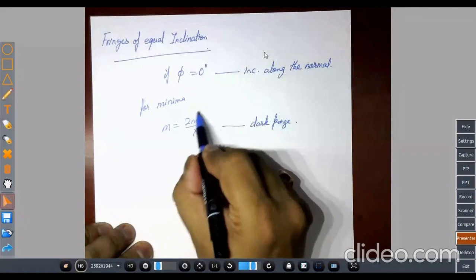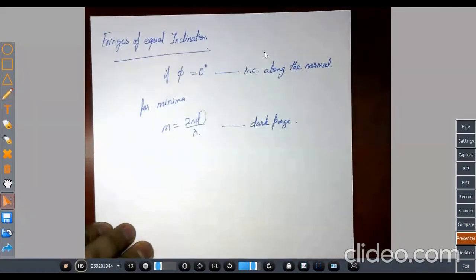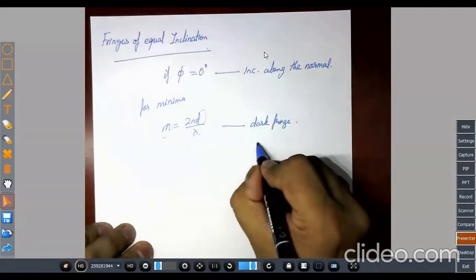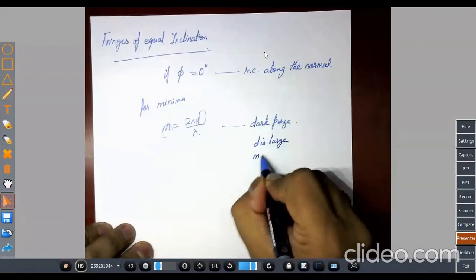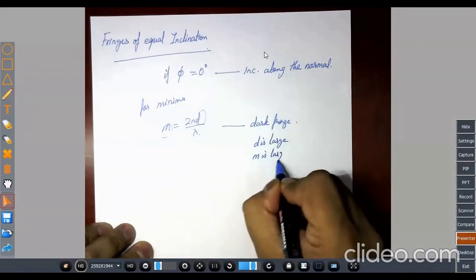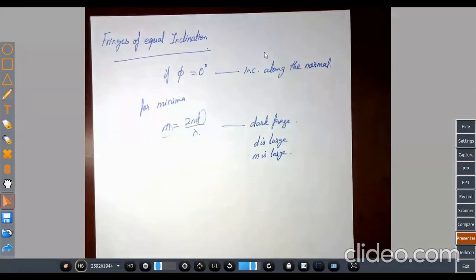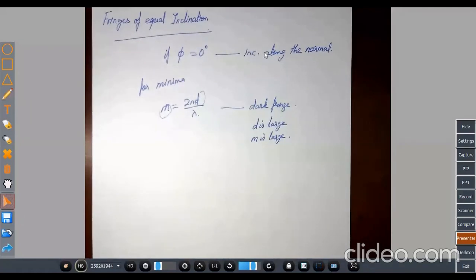Here we can see that if the thickness of the plate is large, then the order will also be large. A large value of m will signify a greater number of orders.